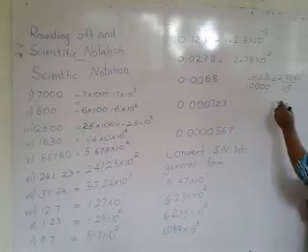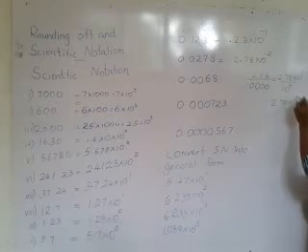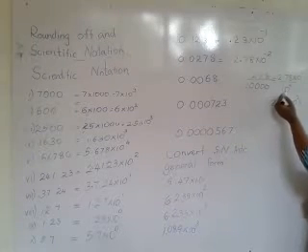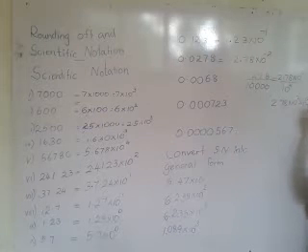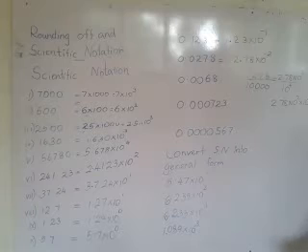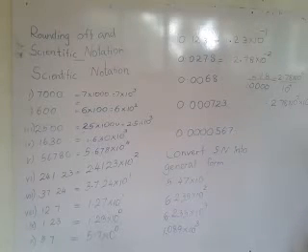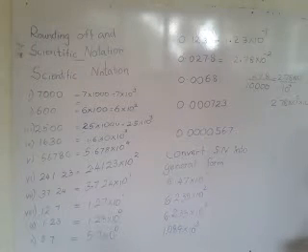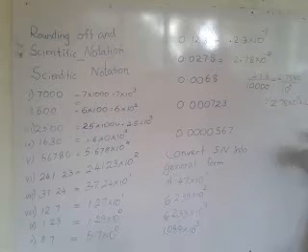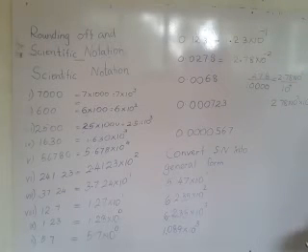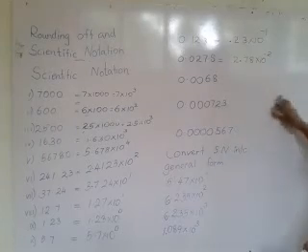Then when we take it up, it becomes a negative index. So minus 4. Now minus 4 plus 2 is minus 2. So the answer is 2.78 into 10 power of minus 2. I will erase this one.